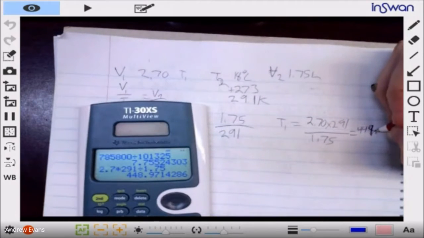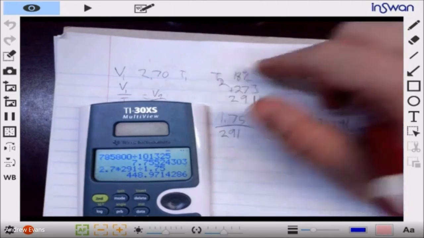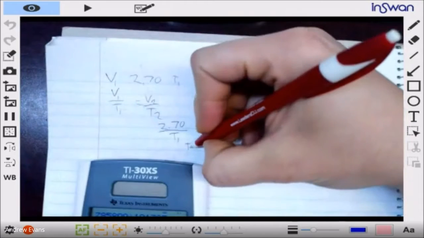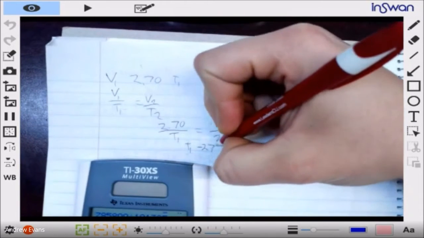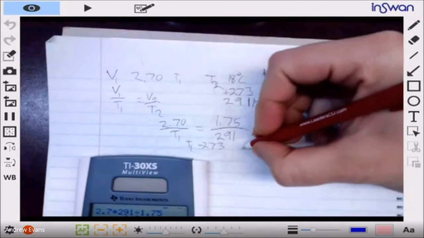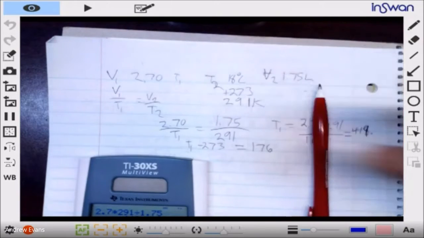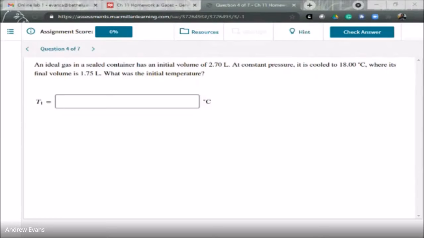Now, because they ask for the temperature in Celsius, we have to subtract 273 from T1 to get it back into Celsius. So we're going to say the initial temperature is 176 Celsius. So we had a hot gas, we chilled it quite a bit, and it went down to a cold gas. Well, at least a room temperature gas.